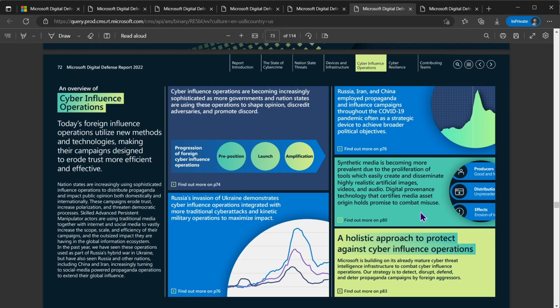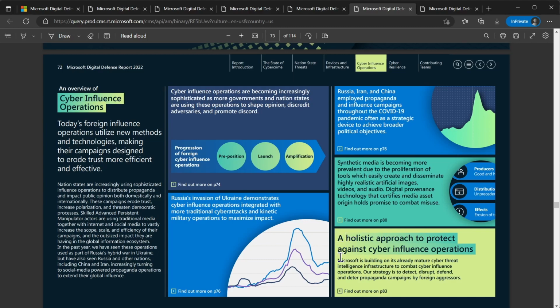Digital provenance technology that certifies media asset origin holds promise to combat misuse, and that is a topic that is going to be fundamental with the rise of AI-generated content over the last few months, right? So it'll be interesting to see how the cybersecurity industry will combat this AI-generated content. From my perspective, that'd be really interesting.